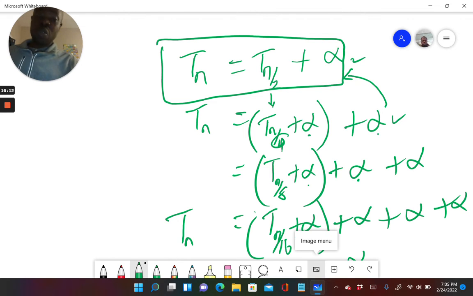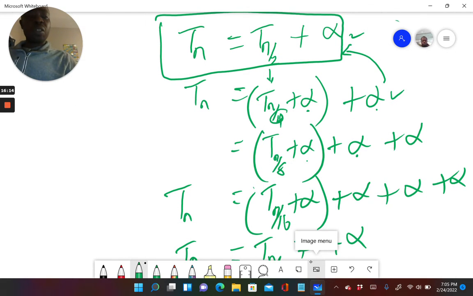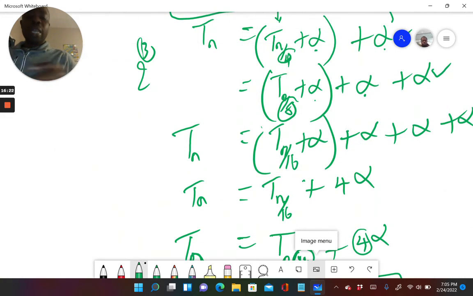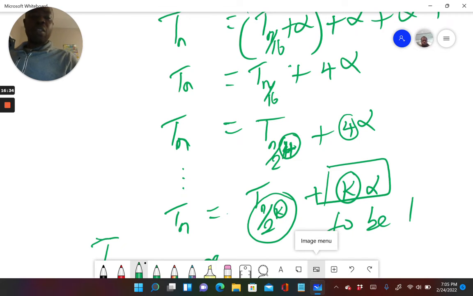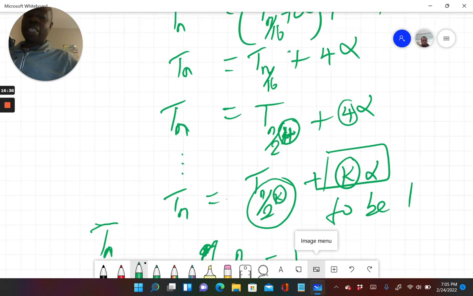And for the third iteration, I had 8 here, which is 2 raised to the power 3. So k is 3 for the third iteration. And for the fourth iteration, I have n over 16. That is 2 raised to the power what? 4. So your k is what? 4. Fourth iteration. Now you have to continue that way until you have this, as I've explained before.